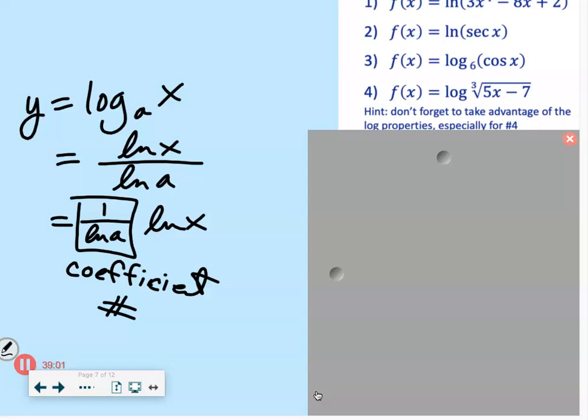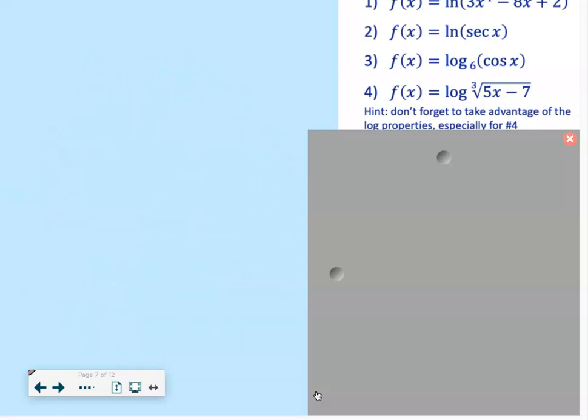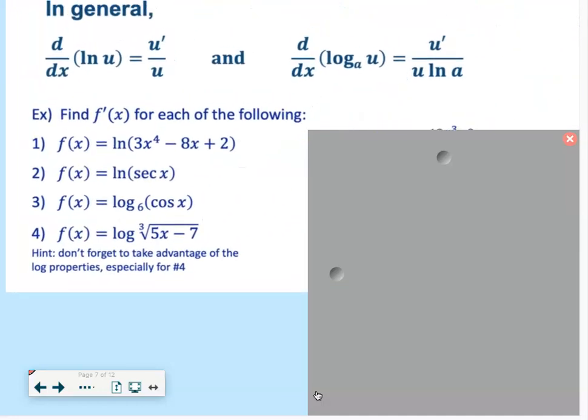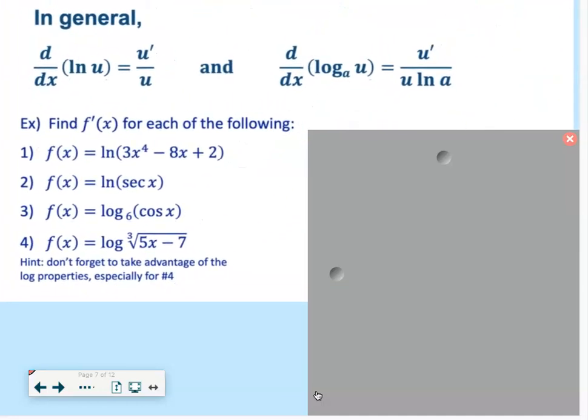So it's really just 1 over ln a times the derivative of ln x, which is u prime over u. Okay? So all you do is you have to divide by that ln a because that's what converts it to the natural log derivative.